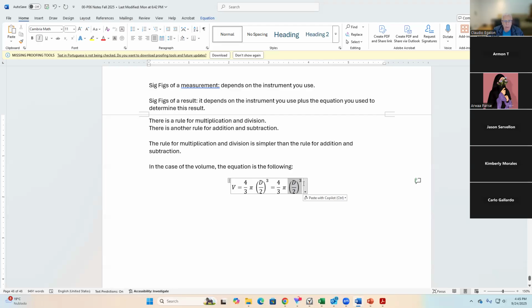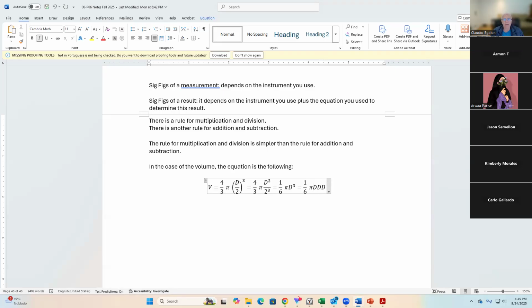When we take that term from inside the parentheses, we get something like that. And we end up with 1/6 pi d cube. So 1/6 pi d cube is d times d times d, right?